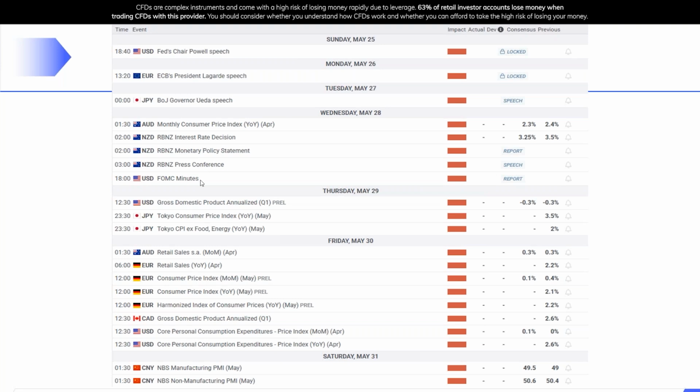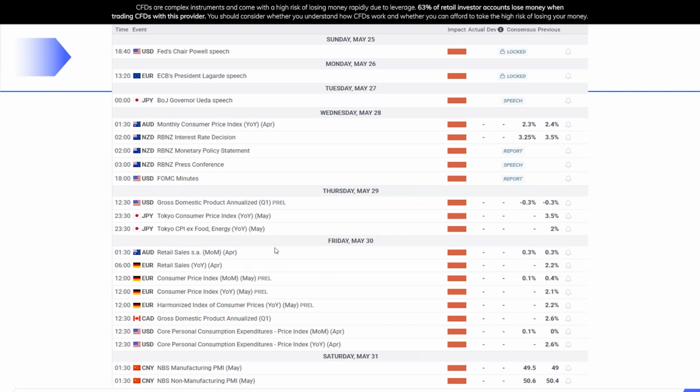FOMC minutes for the last meeting. We're going to hear more details as far as the Fed's decision making and going further. So that's on Wednesday. Thursday, GDP numbers from US, inflation numbers, CPI from Japan.